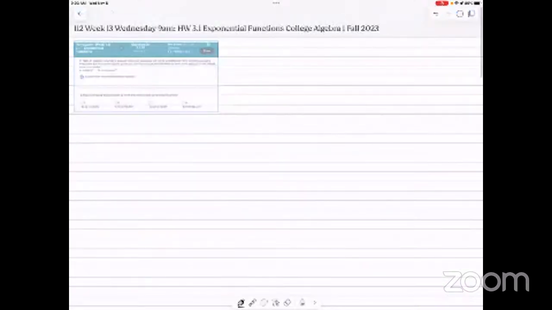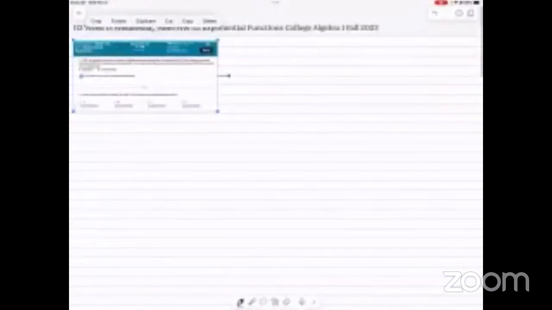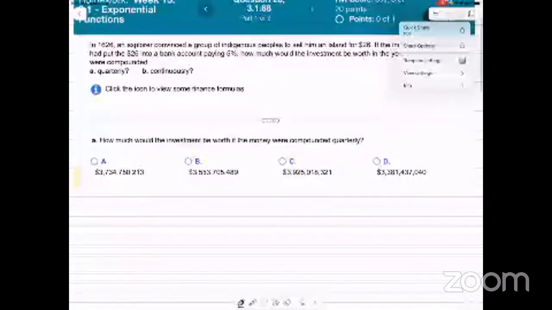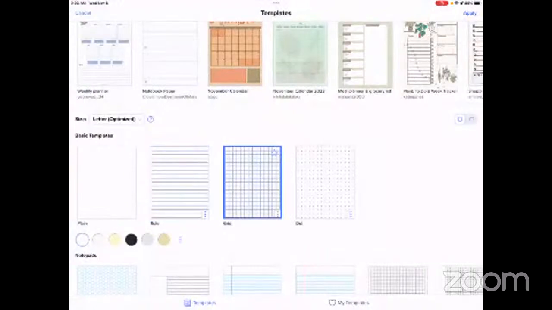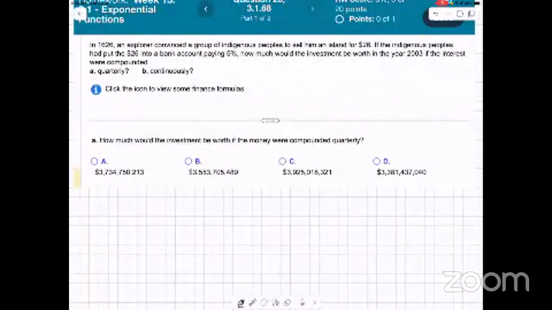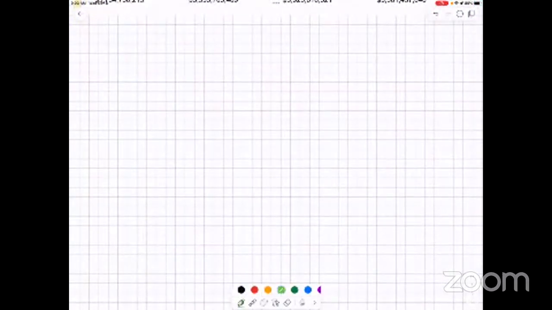I think I'm gonna try writing on grid paper today. Okay. So if we're doing compound interest, we're going to use the compound interest formula. That is A of t equals P times (1 plus r over n) to the power of nt.